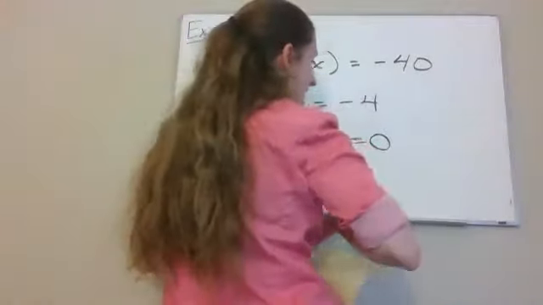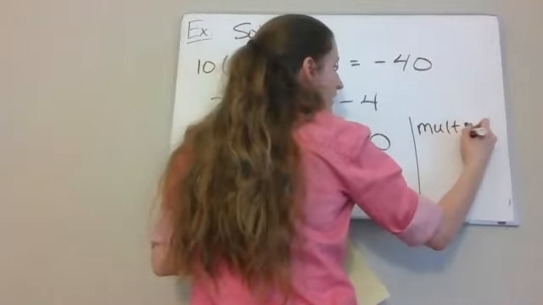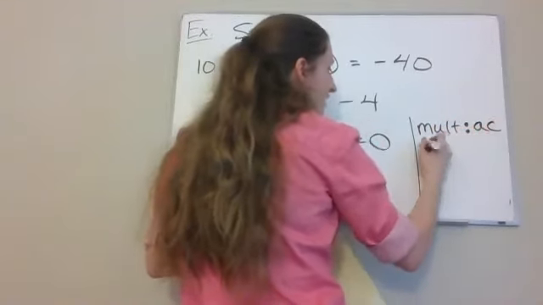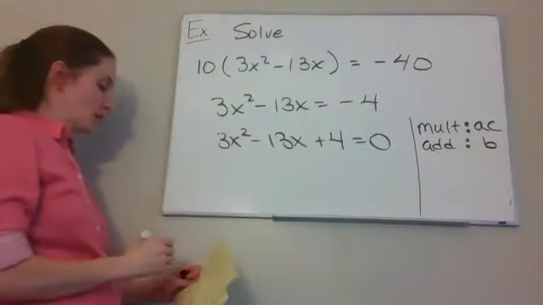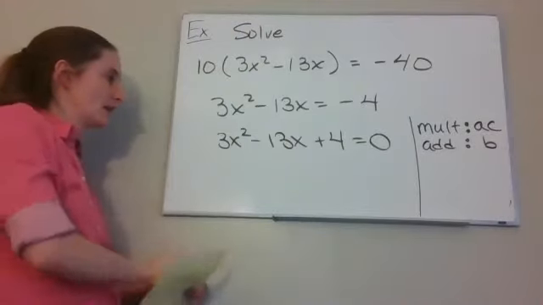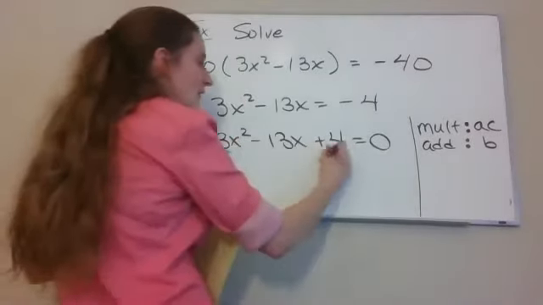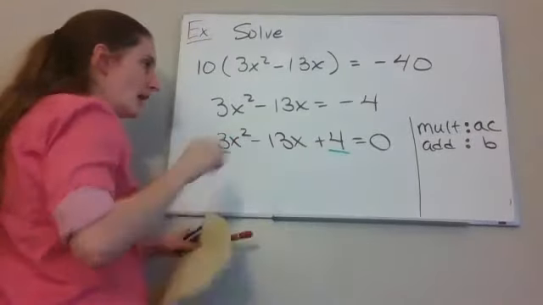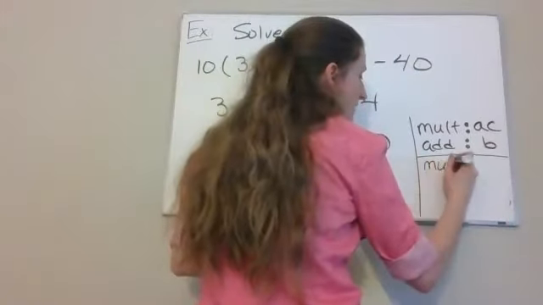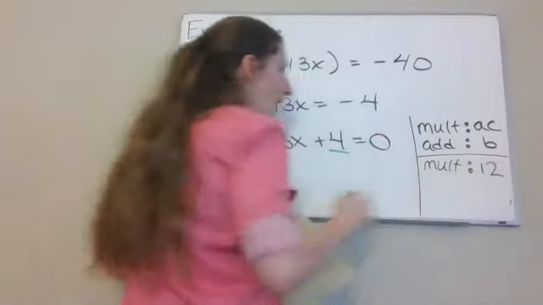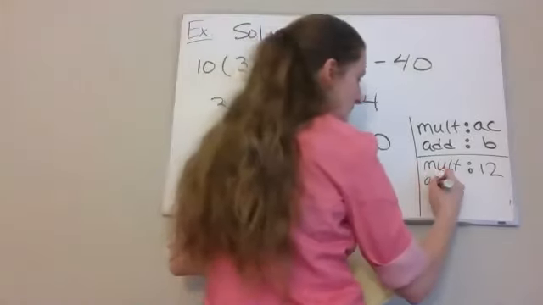The AC method says we need to find two numbers that multiply to A times C and add to my B. So in this particular problem, A times C is going to be 3 times 4. So there's A, there's C. So I'm trying to multiply to 3 times 4, which is 12, and add up to B, which is negative 13.